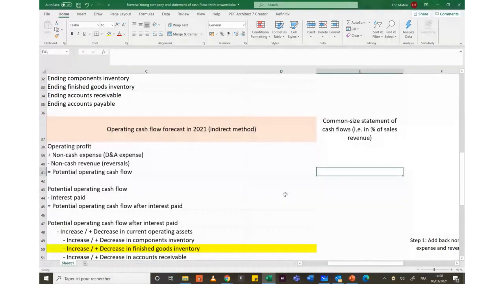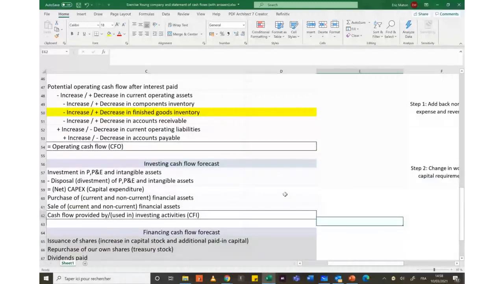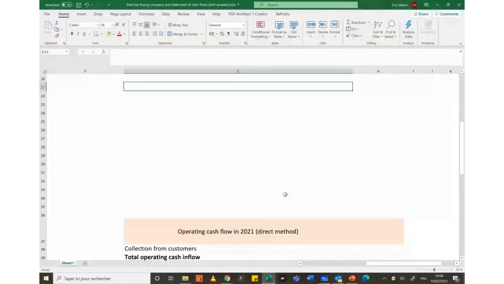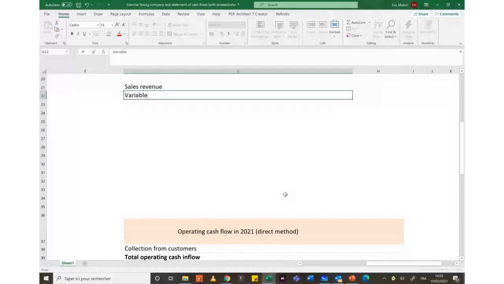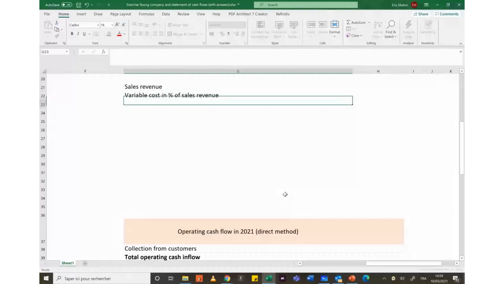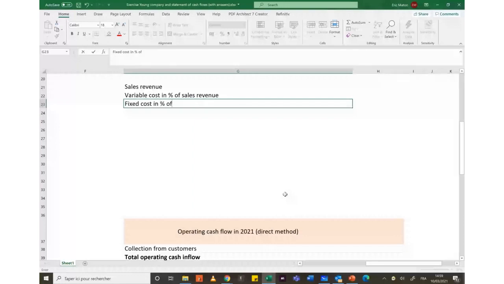And what we can do also, for instance, for the calculation of the operating cash flow, among the different methods we can use, like a common size income statement, is to say we want the sales revenue, we want the variable cost in percentage of sales revenue, we want the cash fixed cost in percentage of sales revenue, the cash variable cost, what we have to pay.